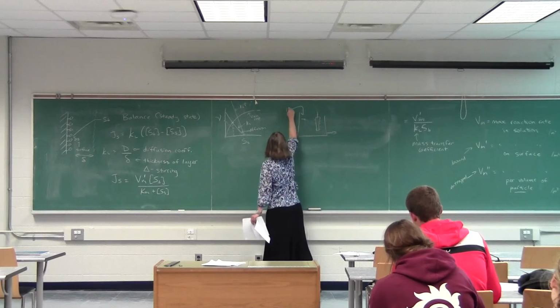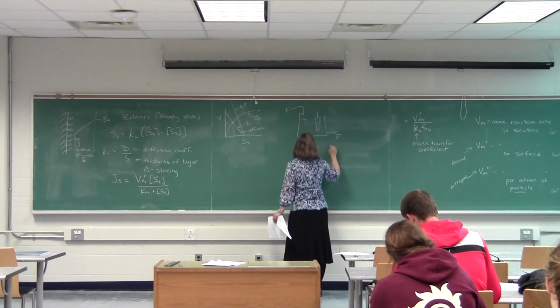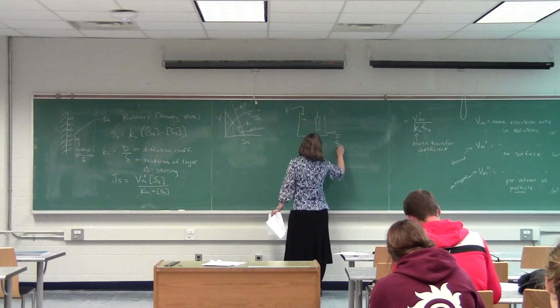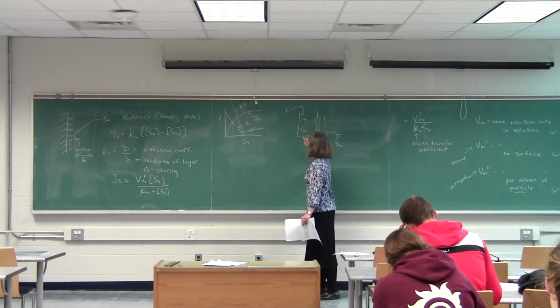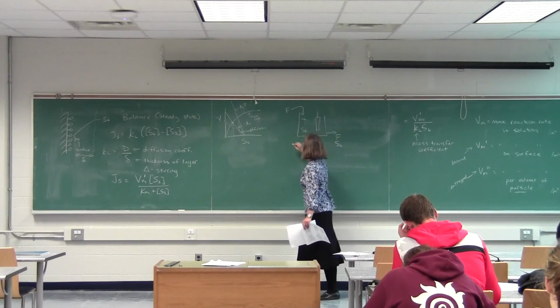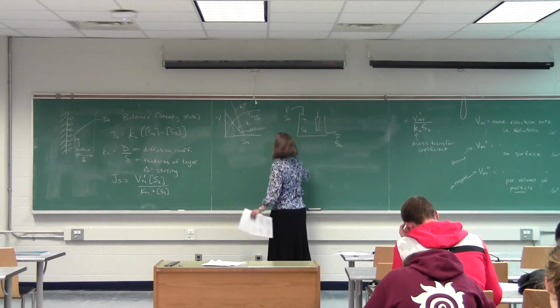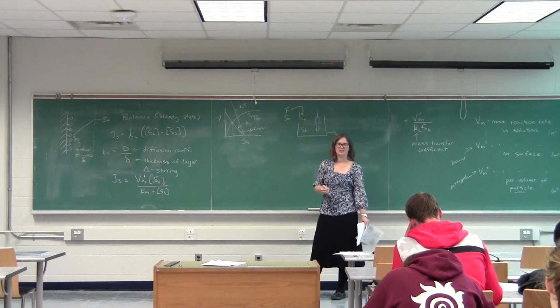So we've got our flow in, our flow out, our bulk substrate concentration, which is the substrate concentration inside the reactor, S naught, which is how much substrate is going into the reactor.